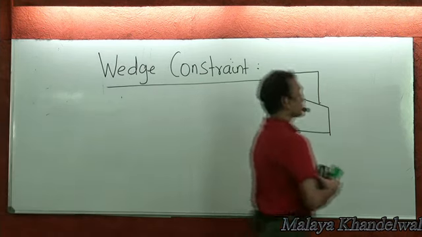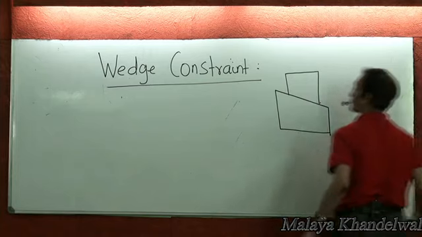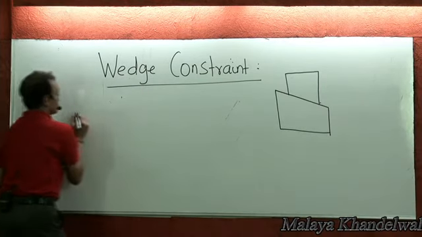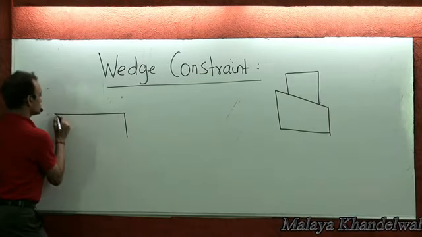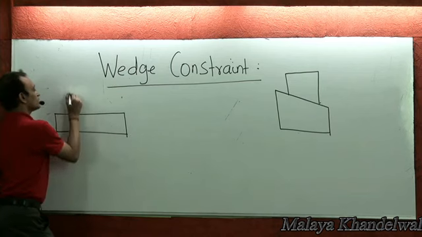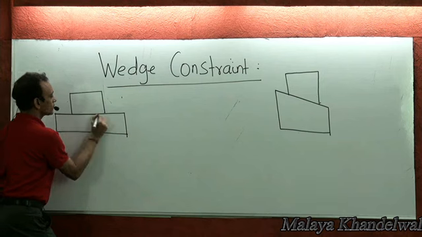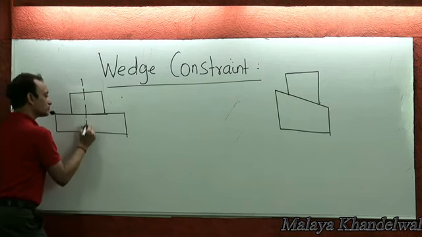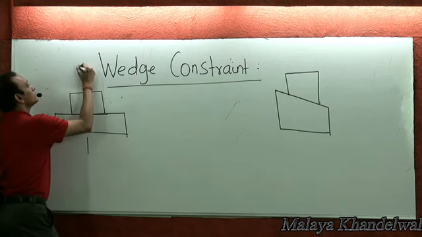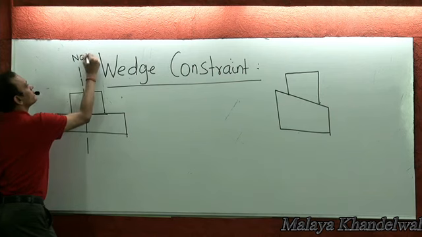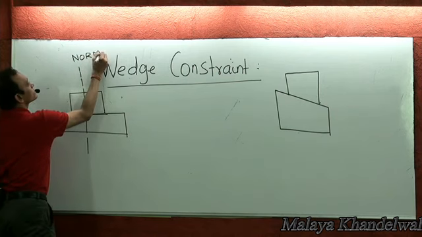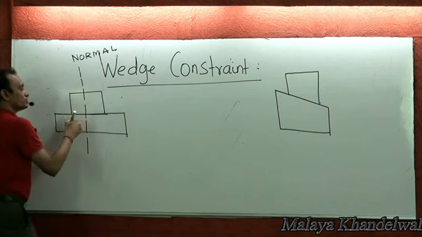What I mean is, say this was one surface, this was another surface. This is the normal direction, common normal direction, commonly referred to as the common normal direction. Common normal direction for the two surfaces.